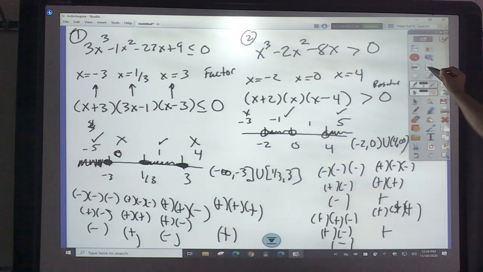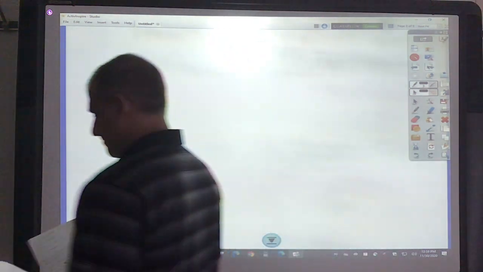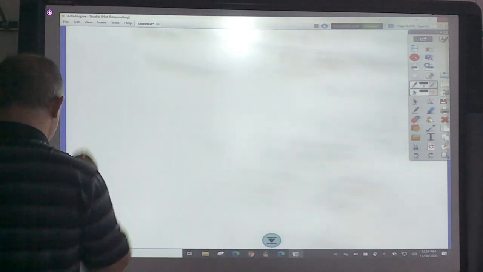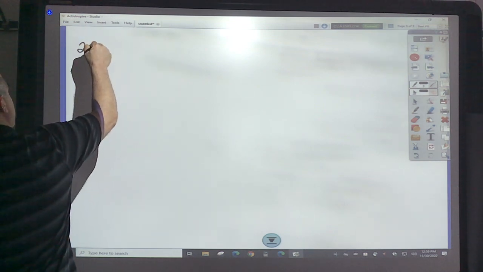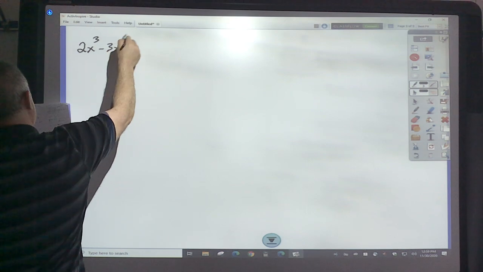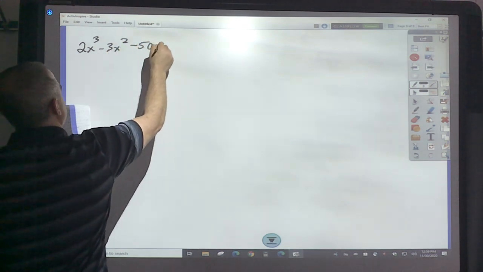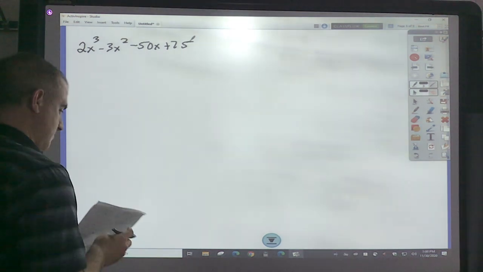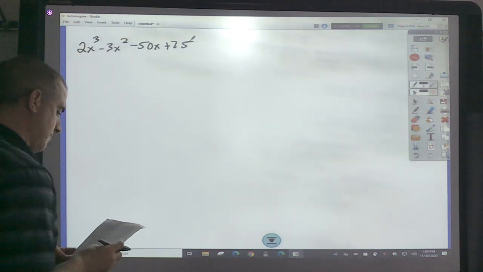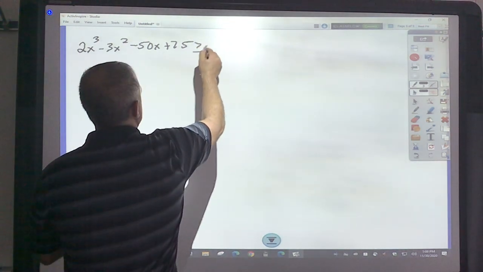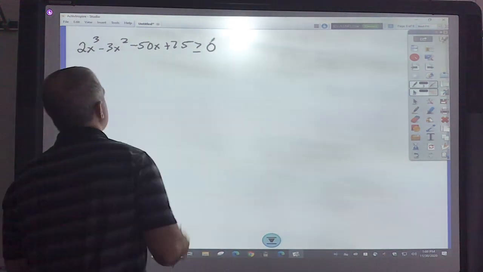So let me give you guys 2 like that to do on your own. The first is 2x cubed minus 3x squared minus 50x plus 75 greater than or equal to 0.